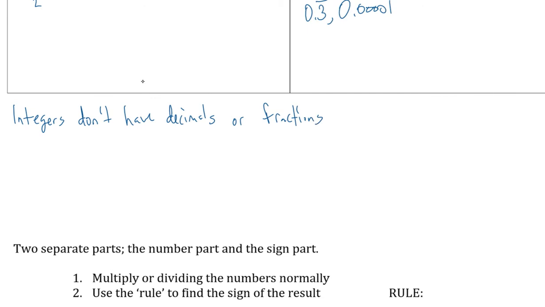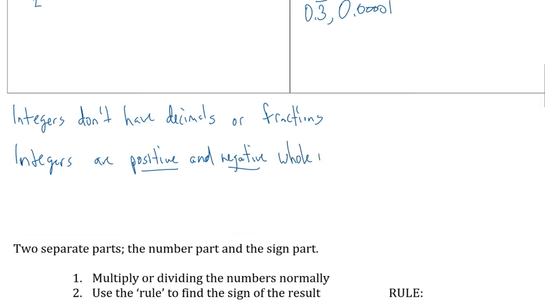Integers are positive and negative whole numbers. And by whole numbers, again, that's just a different way of saying no decimals.